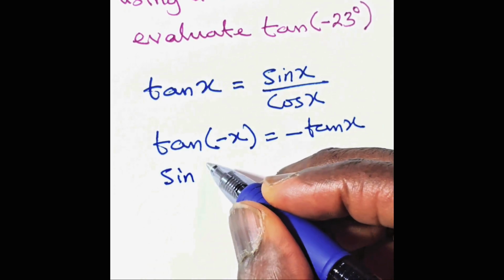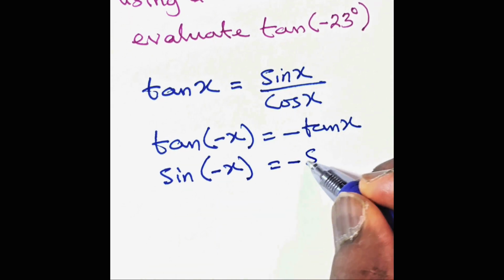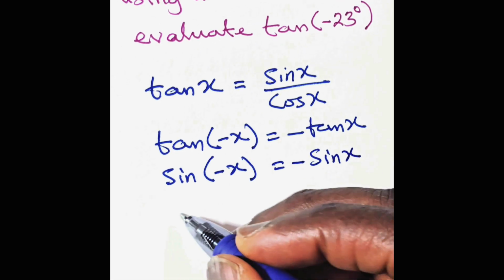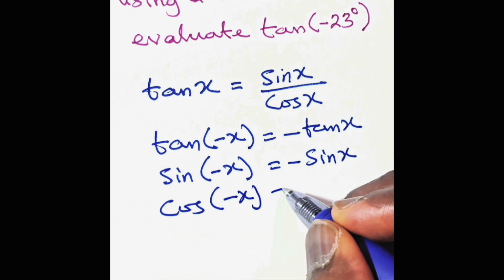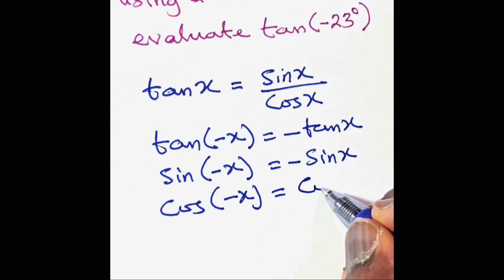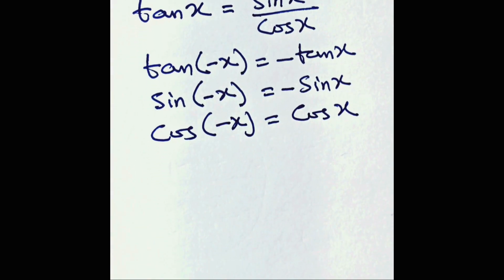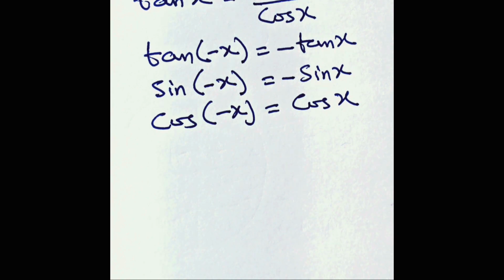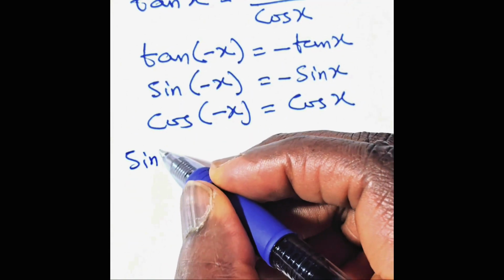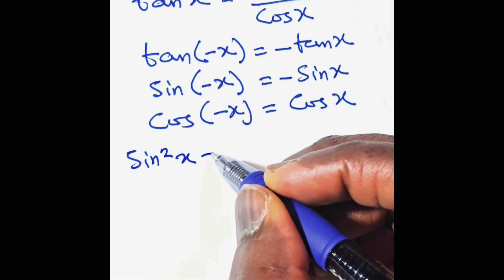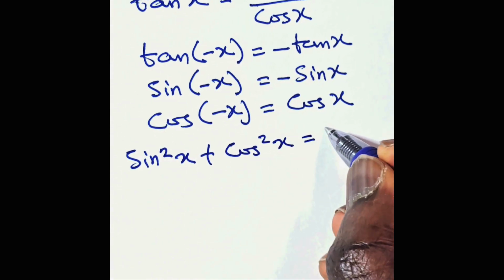Also, sine of minus x is the same thing as minus sine x. And cos of minus x is the same thing as cos x. Also, we should have this at the back of our minds: sine squared x plus cos squared x will give us 1.